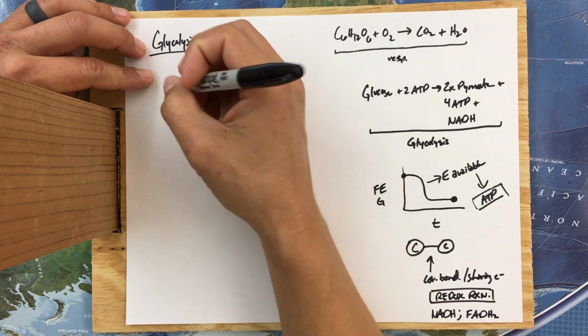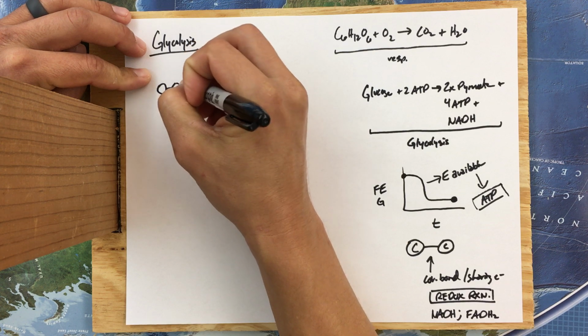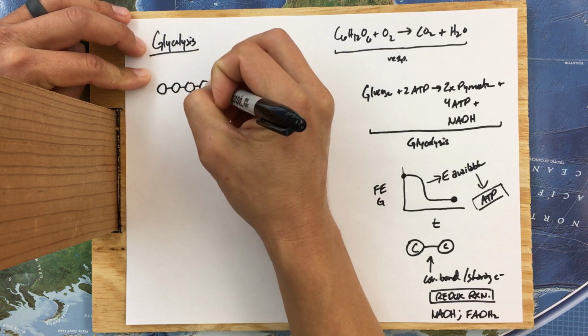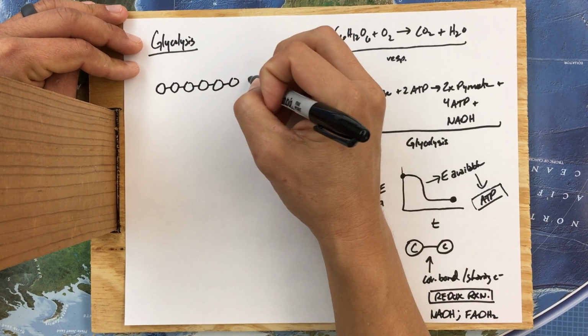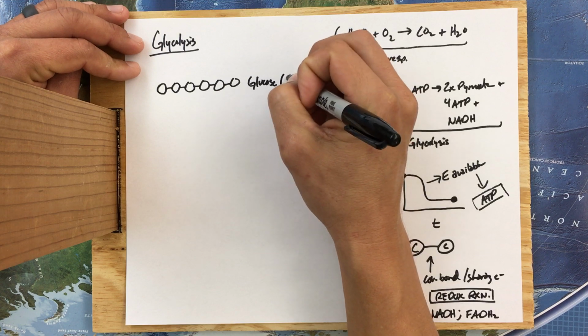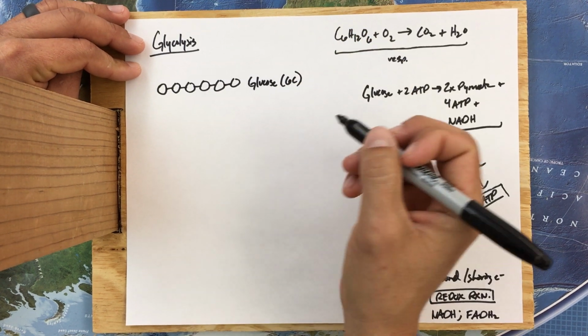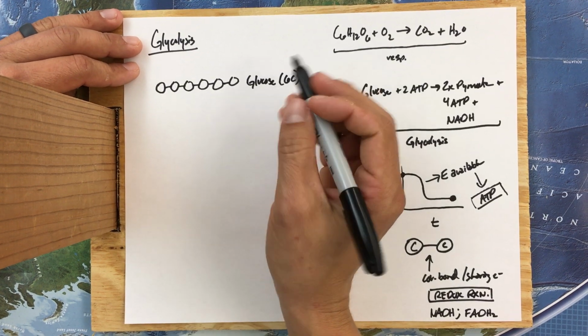When I draw these reactions, I usually use little circles to indicate the carbons. I think that makes it a little easier to follow inside of each molecule. Since it's the first reaction, we're starting with our overall reactant, which is glucose. That has 6 carbons, so I have 6 circles to represent the 6 carbons of glucose.